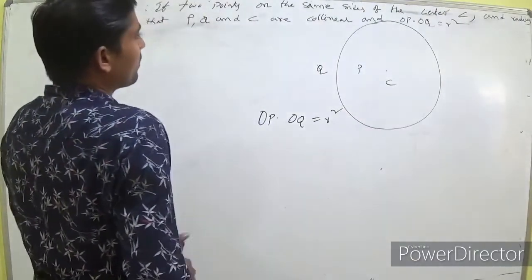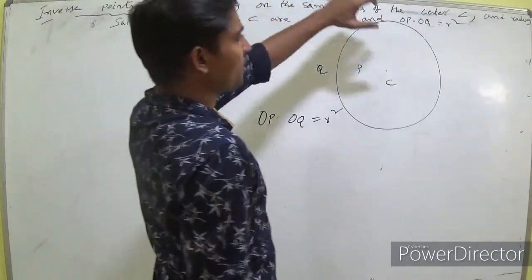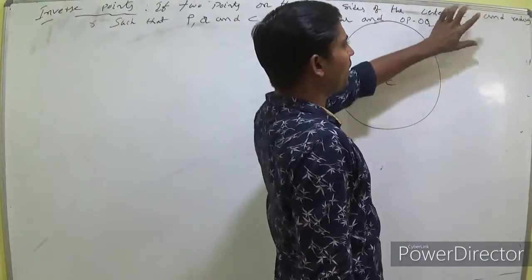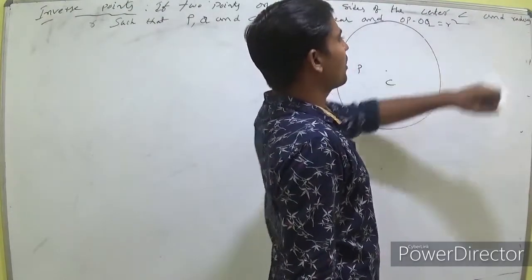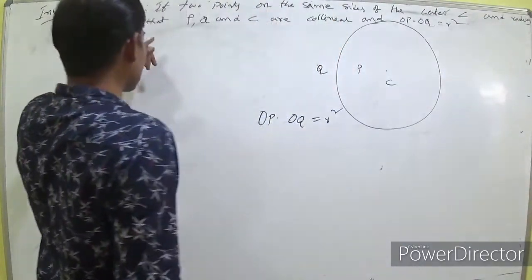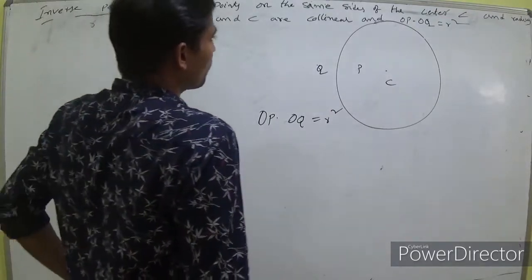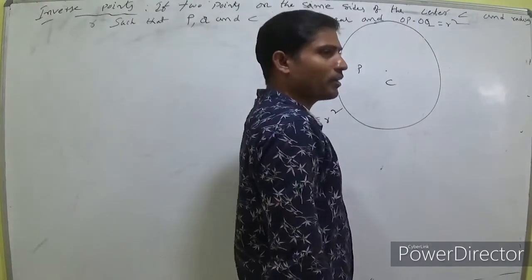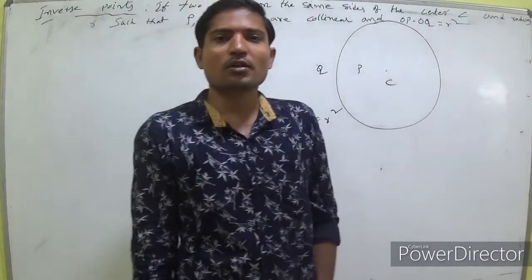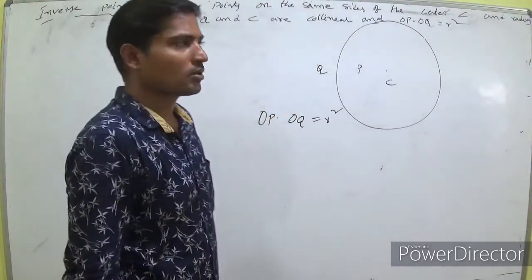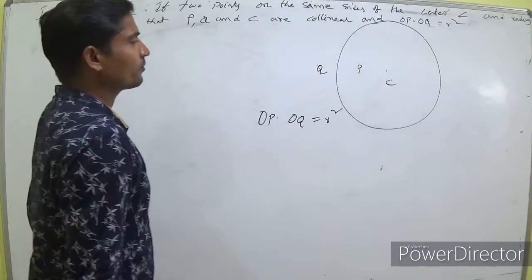2 points on the same side of the center C and radius R are such that P, Q and C are collinear, and OP dot OQ is R square.